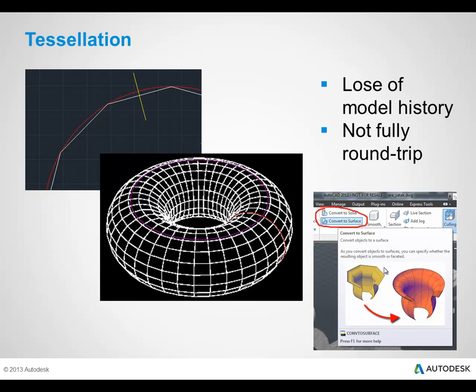So it's something to consider even from the conversion standpoint to make sure your process includes the precision versus the realistic aspects. Also, when you take a solid and you tessellate it into a mesh, it's not really round-trippable unless there's some data attached to it as well. So you kind of lose that ability to bring it back and make it a full solid model again.